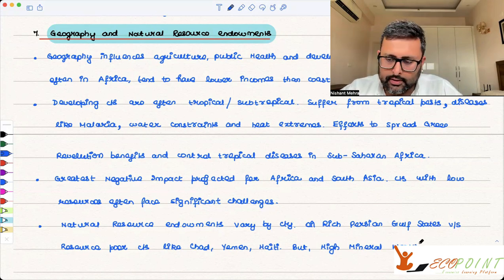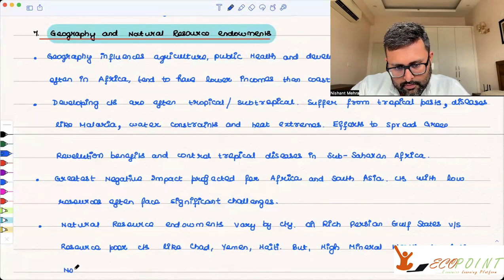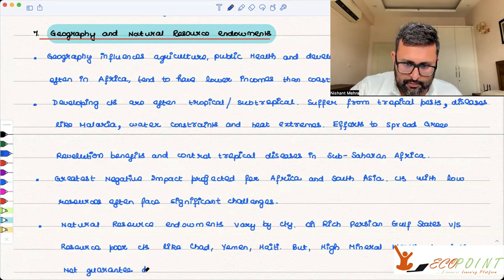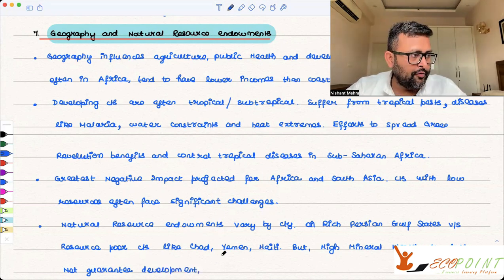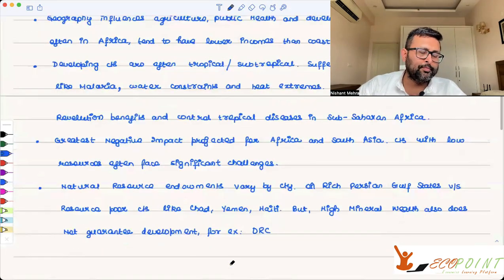High mineral wealth also does not guarantee development. For example, Democratic Republic of Congo.